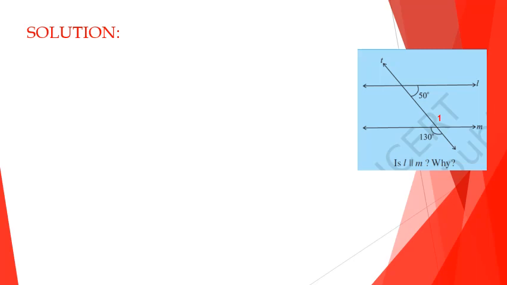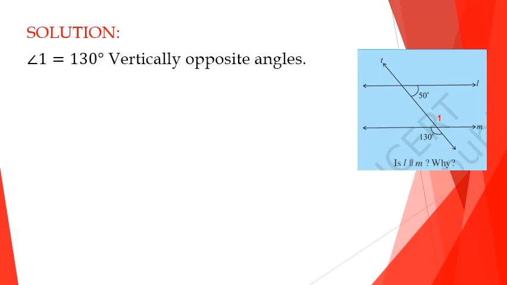When vertically opposite angles are formed, one pair of vertically opposite angles will be obtuse and the other pair will be acute. We have discussed this point in the earlier session also. Please remember this. So here 130 is the obtuse vertically opposite angle. Now what about our angle 1? Angle 1 equals 130 degrees because they are vertically opposite angles.